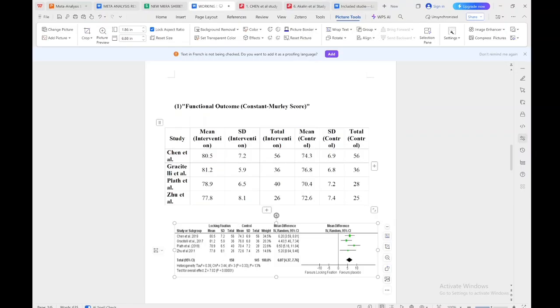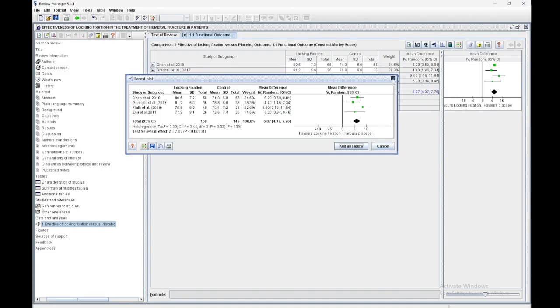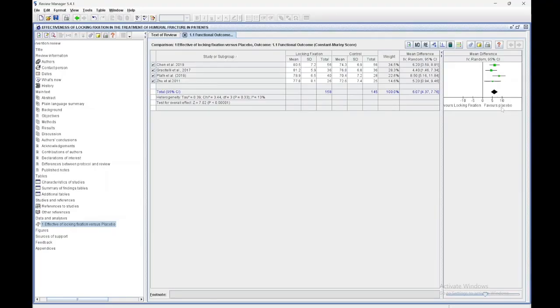So based on the functional outcome, locking fixation might seem to be very effective. That means I have to reposition my forest plot chart. That's where my locking fixation should be, at the right and not on the left.